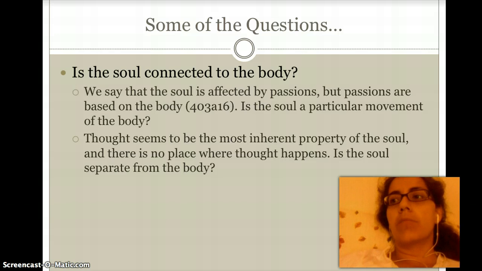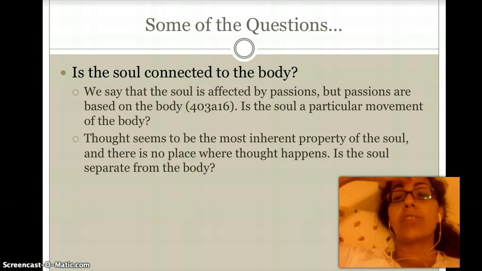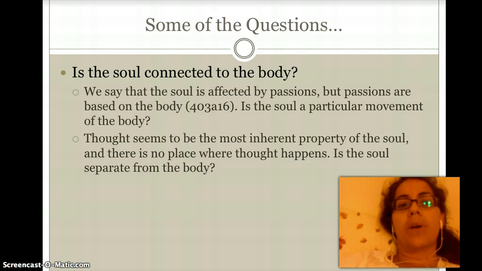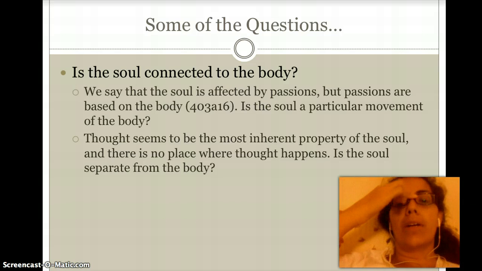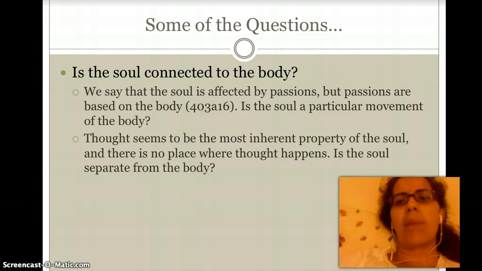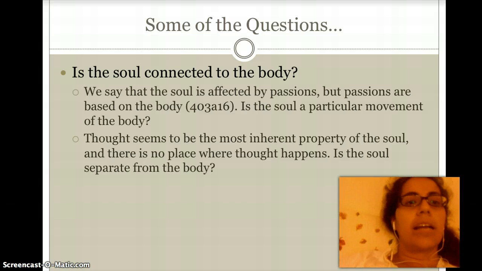Obviously this is a development that is going to be important even in our days, even if we don't think of the soul in the exact same way as Aristotle did, but we still want to understand what are the things that affect our intellectual development, and how can passions be connected to some sort of epistemological grounding for experience.